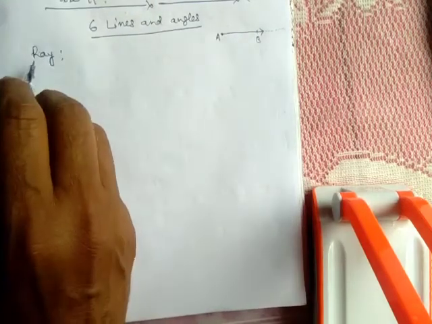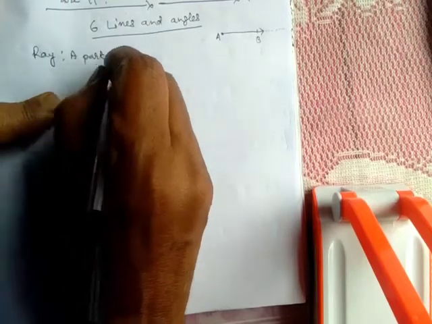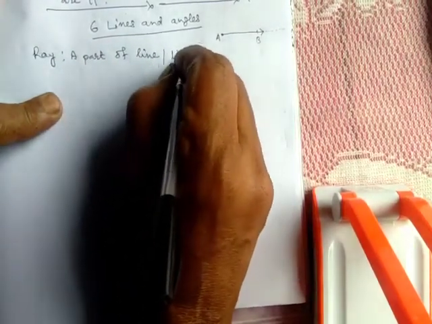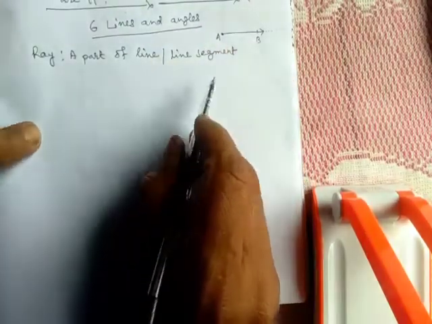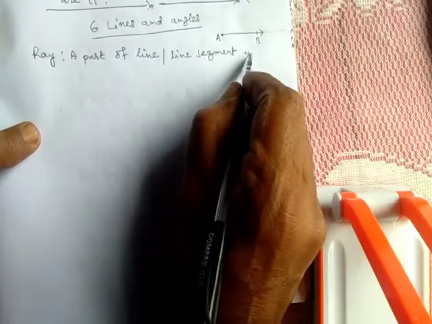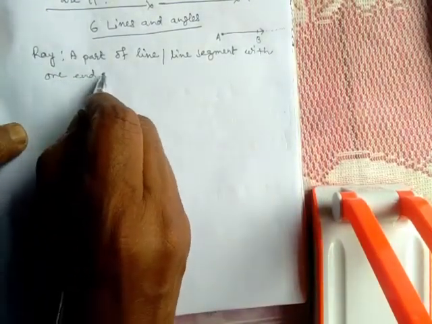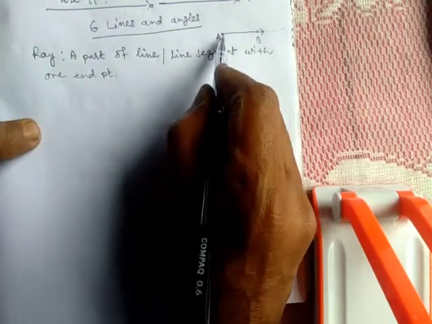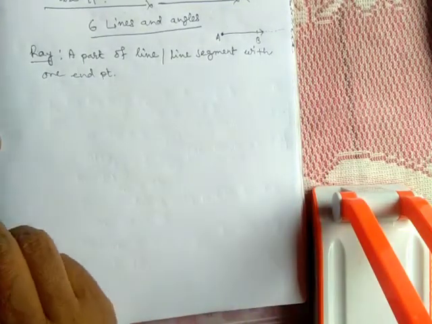So a part of a line or line segment with one end point is called a ray. See, this is having an ending point, this side is not having an ending point. So this is called a ray.